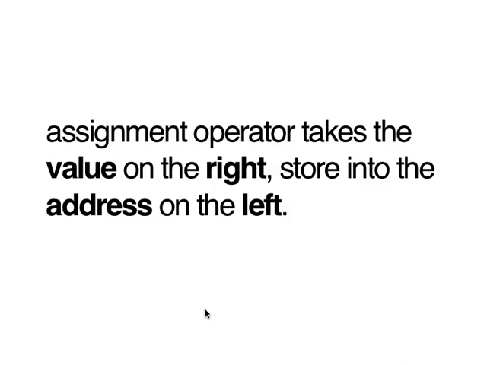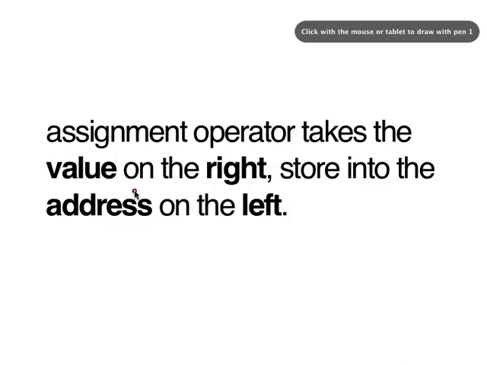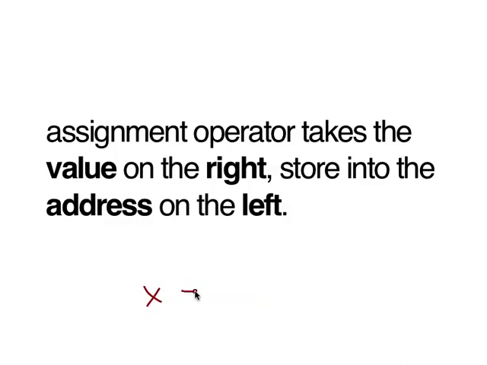Now let's look at the basics of the assignment operator. Let's say I have the following code: x assigned the value of 2. So what does this assignment operator mean? There are two sides to this assignment operator, the left-hand side and the right-hand side.